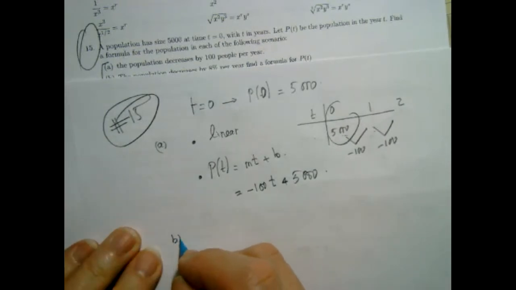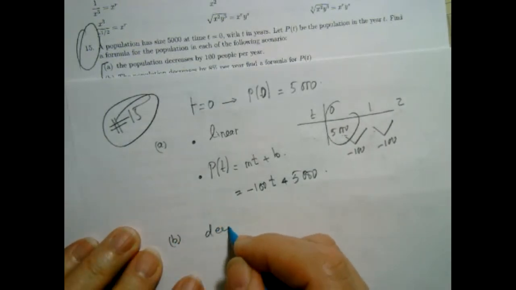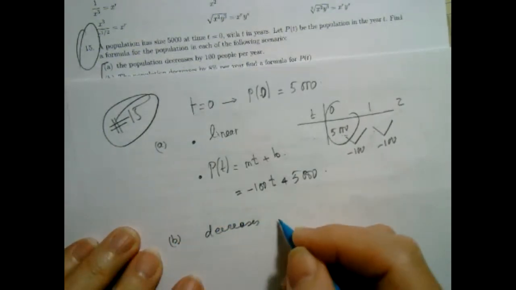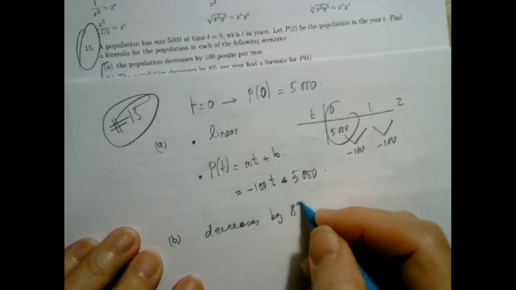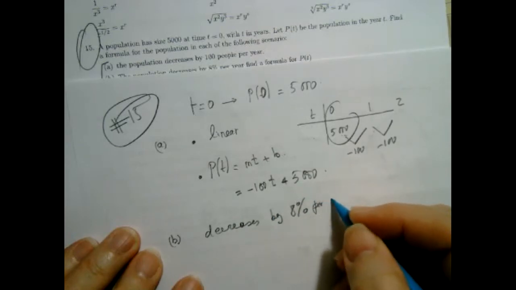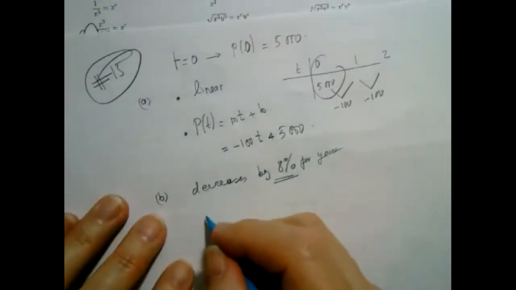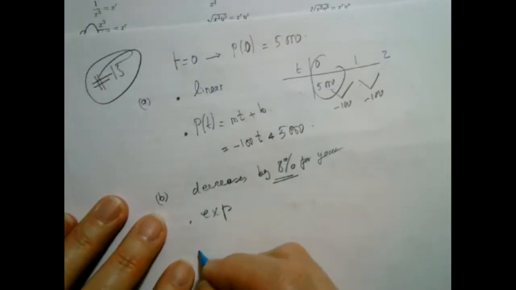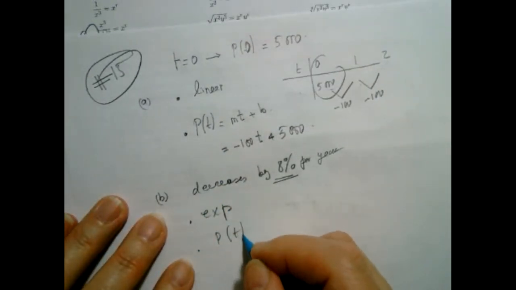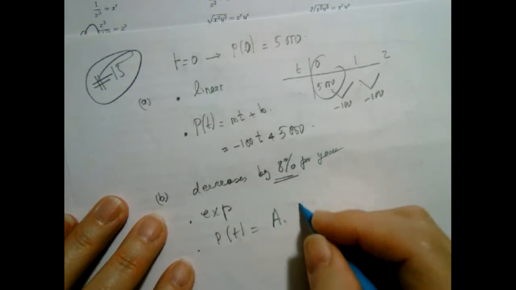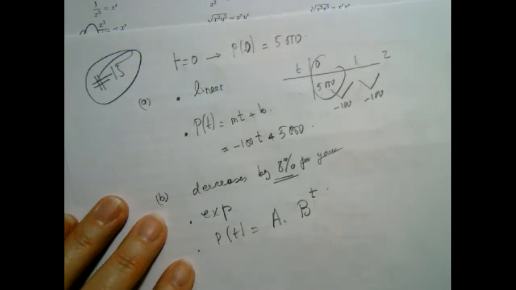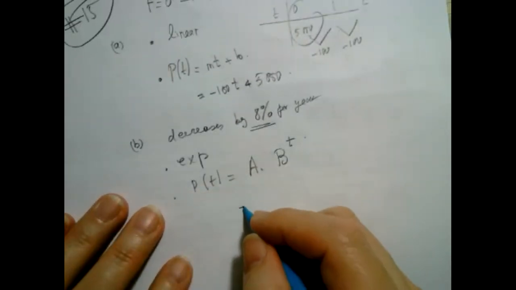B is the following. It decreases by 8% per year. This is exponential. It means P of t is A times B to the t. Now I need the formula.